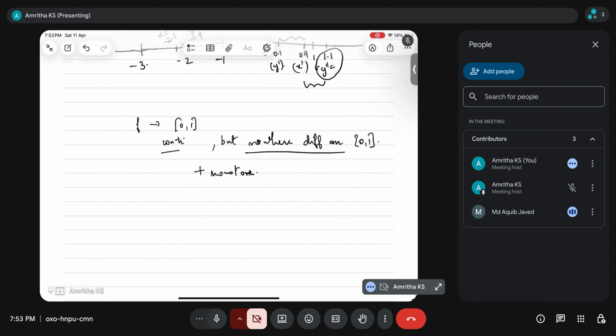It may exist, but it should be a very bad kind of function. Actually, it does not exist.